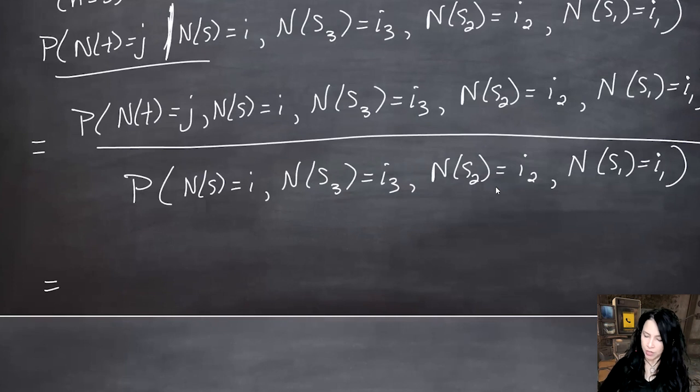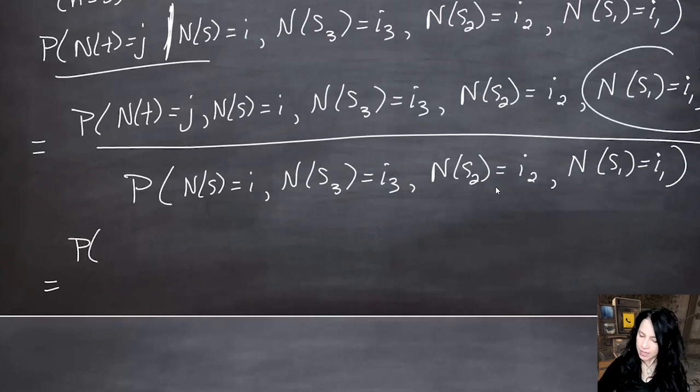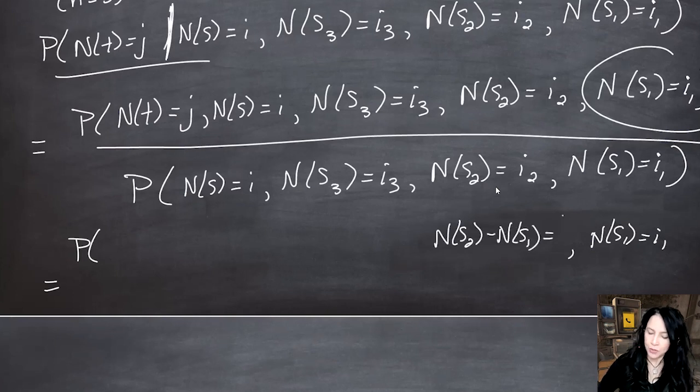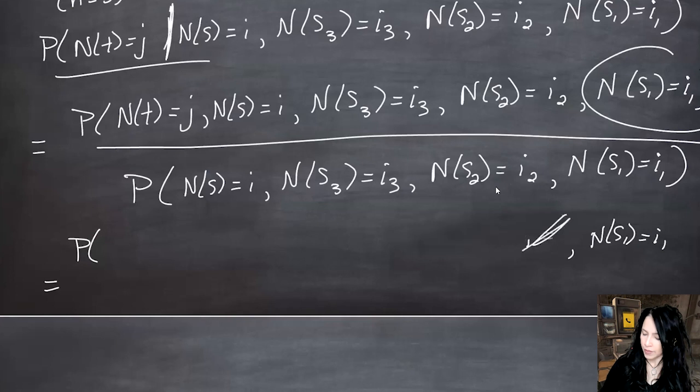I would look at the increment and say that this is N of s1 equals i1, and then N of s2 minus N of s1 has to equal i2 minus i1, just like we did those other more concrete looking things.